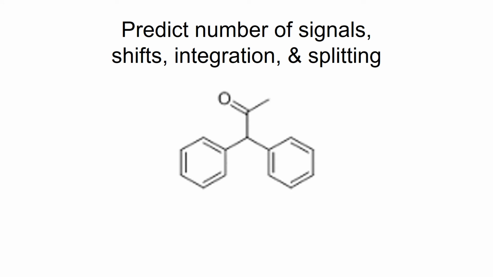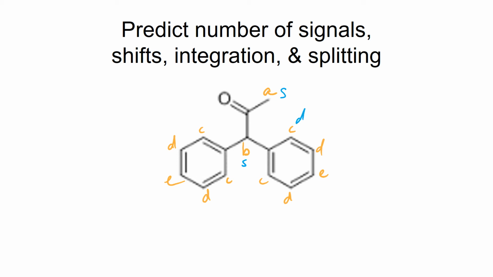Here's another one. Let's do the same type of exercise. I'm going to say we have an A, B, C, D, E system, where C are all the same. In terms of splitting, we're going to have singlet, singlet, doublet.